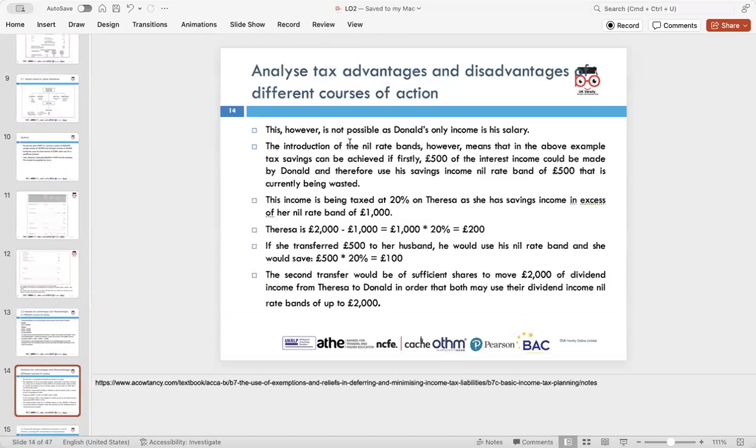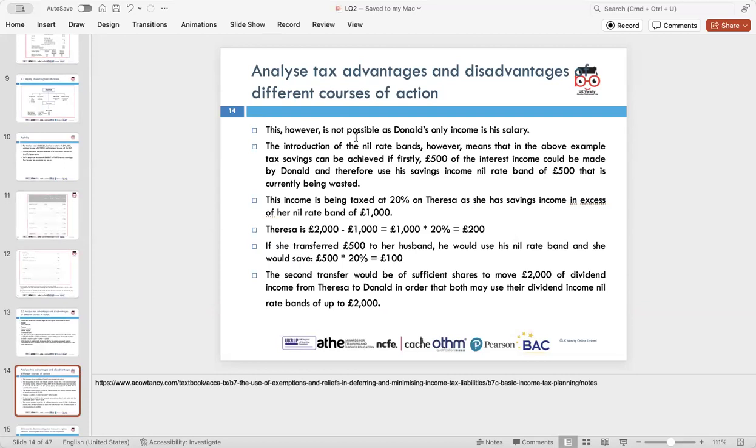Again, we continue our tax planning discussion for Donald and Teresa. We have encountered a scenario where transferring investment income from Donald to Teresa might not be feasible because Donald's sole income is his salary. However, we can still explore alternative strategies to optimize their tax situations.